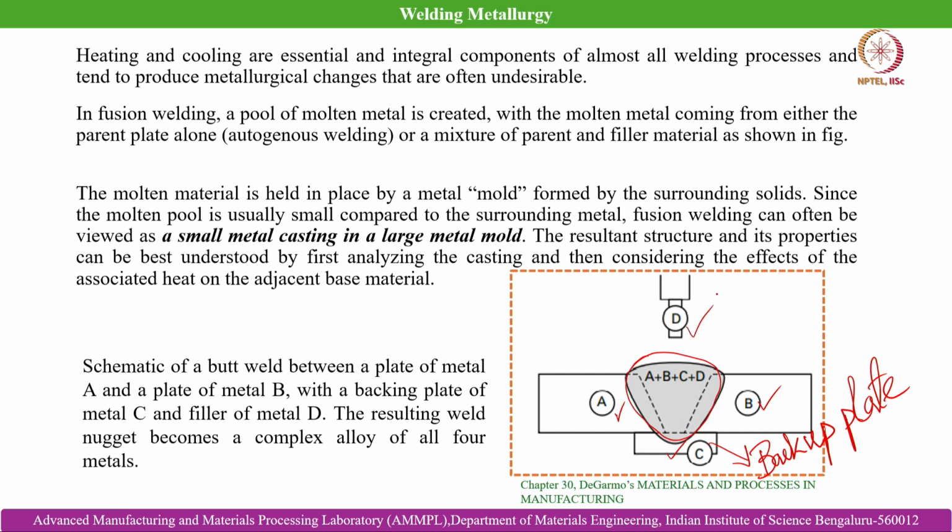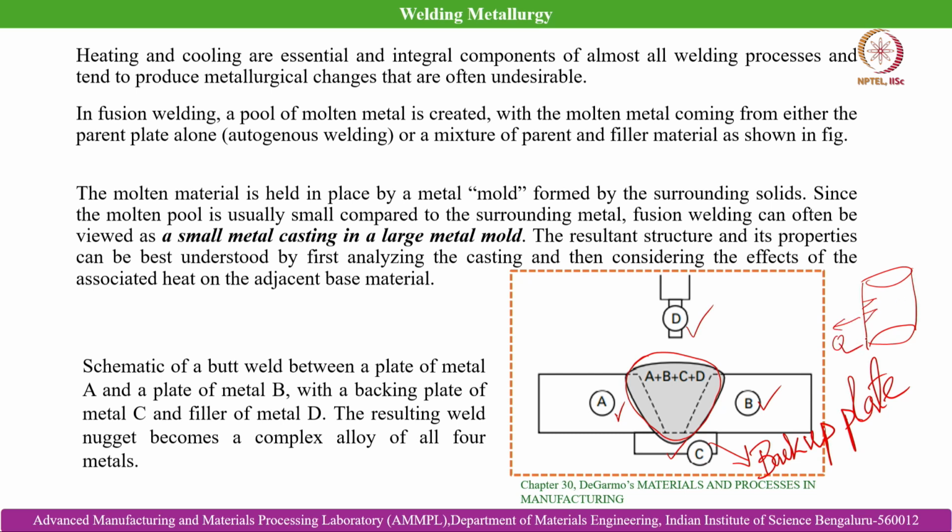Fusion welding can also be understood as a casting within a large metal mold. The only difference is that, in casting of a cylindrical billet, for example, we have discussed that generally the solidification starts from the wall opposite to the direction of heat removal.